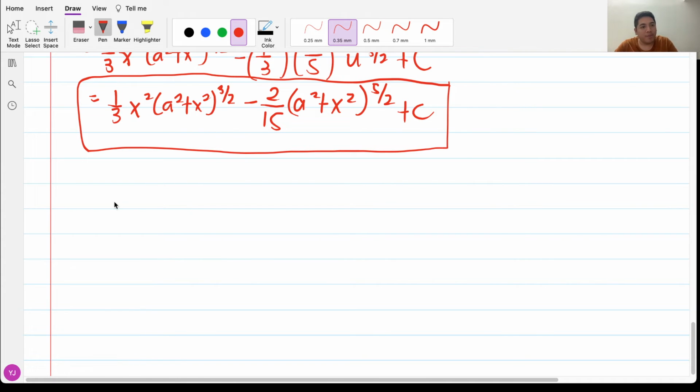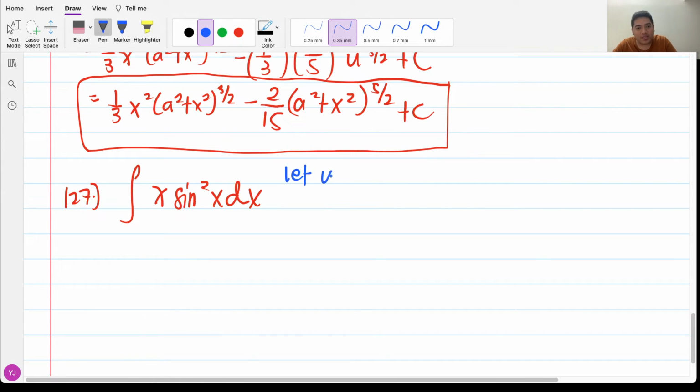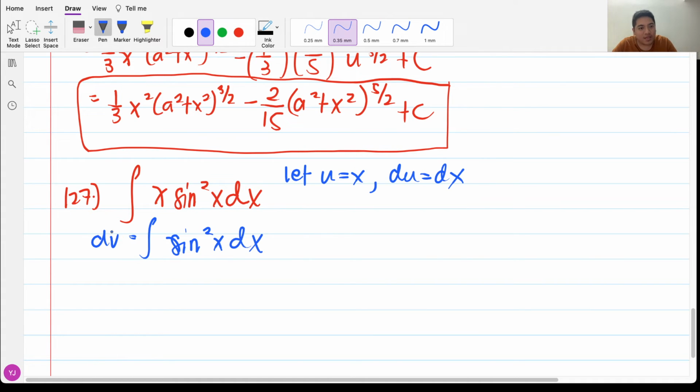So for number 127, we get the integral of x sine squared of x dx. So clearly this is integration by parts, and we need to let u be x, and the derivative of that is simply dx also. Of course, we've got to deal with the dv, which is the integral of sine squared x dx. We integrate both sides to get v.